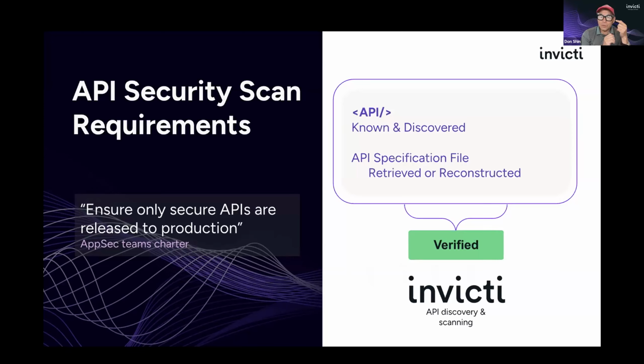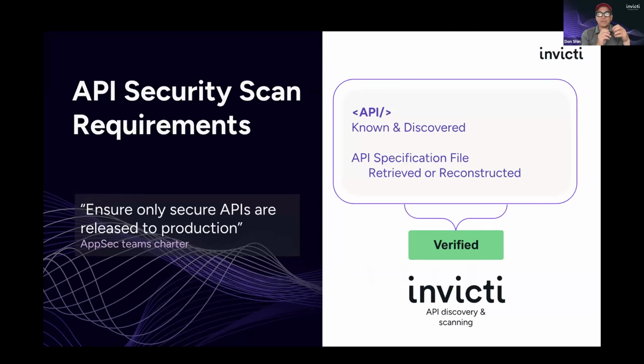One, you have to know where it is, right? You have to know it exists, and you have to know where it is so that you can point at it. And the second thing, because APIs are not like web apps that you can crawl and visually see the types of buttons you can hit, is you have to have a specification file.